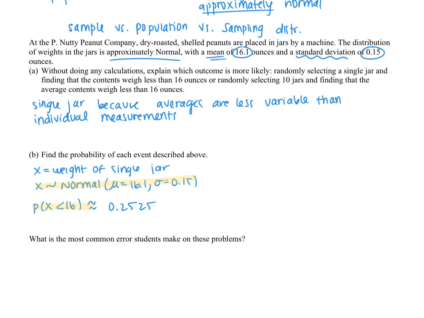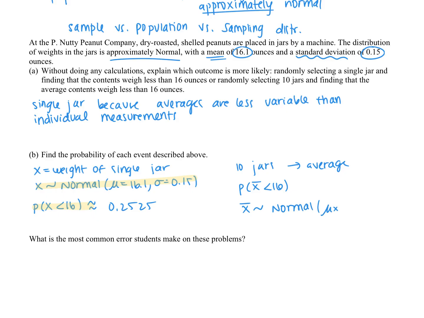Now, the second one asked for 10 jars with an average less than 16. So in that case, we're looking for the probability that X bar is less than 16. Because the population is normal, X bar also has an approximately normal distribution.